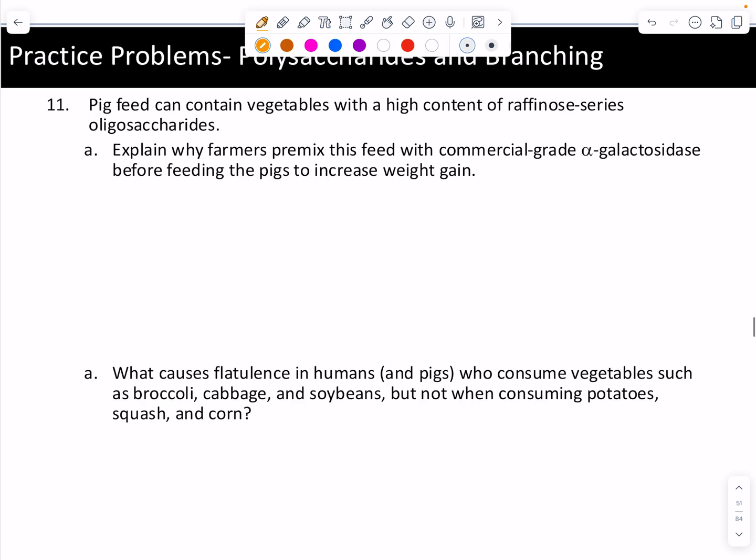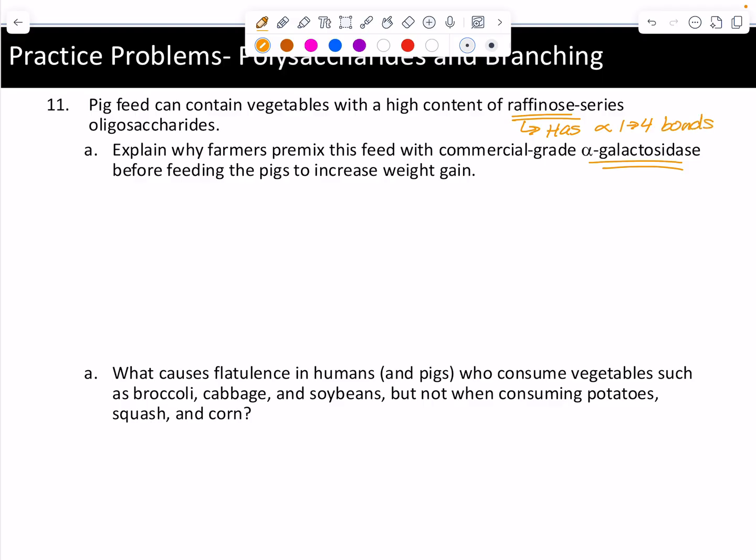All right, pig feed can contain vegetables with high content of raffinose type oligosaccharides. And so the question is, explain why farmers premix this feed with alpha galactosidase before feeding the pigs to increase weight gain. Okay, so remember that raffinose has the alpha 1 to 4 bonds.